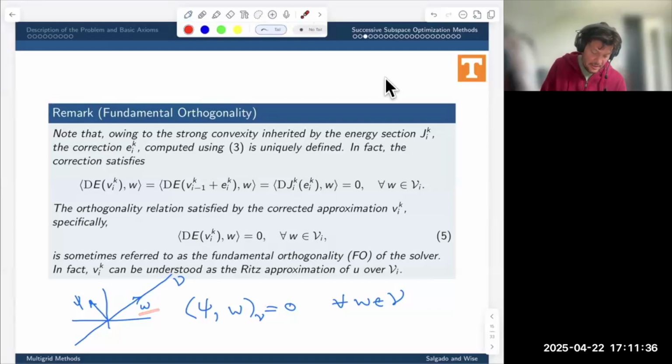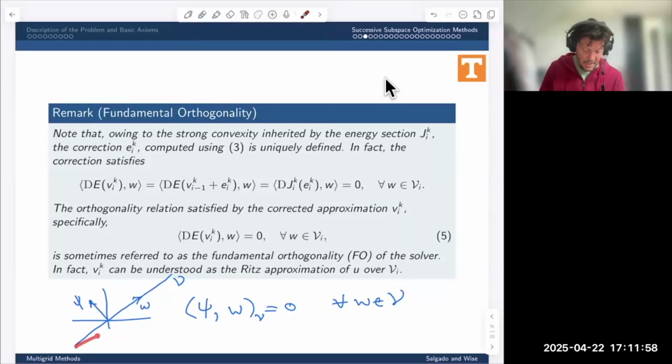It certainly looks like, in the Euclidean sense, I have an orthogonality relationship. So it's clear here that psi is orthogonal to every W in the Euclidean sense. But of course, in higher dimensions, it's impossible to visualize this or think about what this looks like, and you have to use this simpler mnemonic device, I guess. But this is what we call, in this case, a fundamental orthogonality relationship.